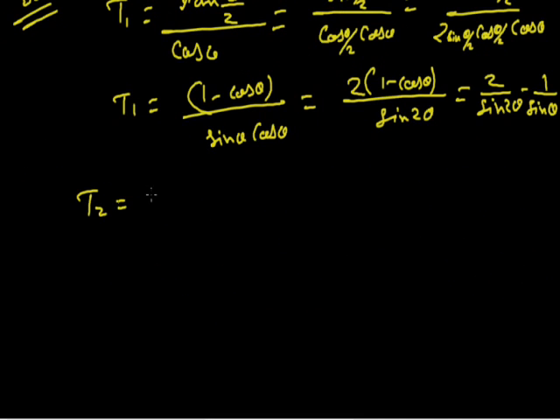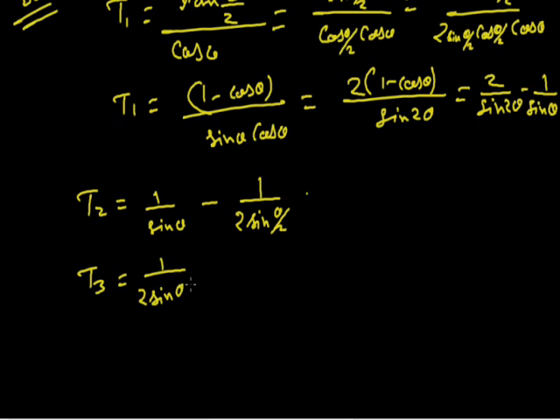Similarly, T2 is equal to 1 upon sin theta minus 1 upon 2 sin(theta/2). Similarly, T3 will be equal to 1 upon 2 sin(theta/2) minus 1 upon 2 square sin(theta/2 square).